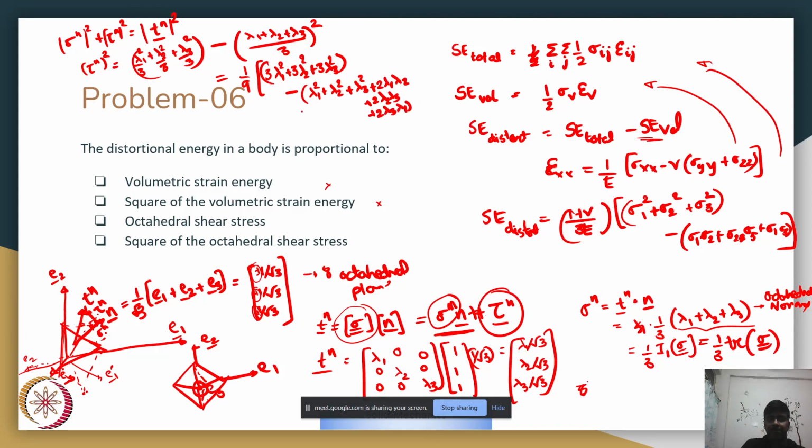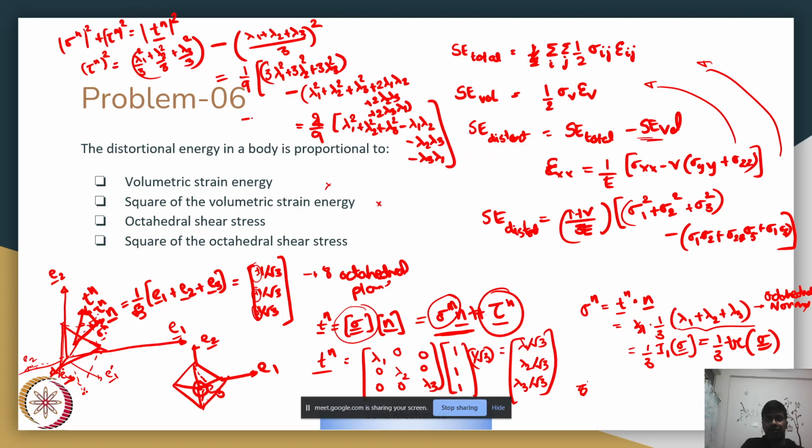Getting all terms together, I have 2 lambda 1 square plus 2 lambda 2 square plus 2 lambda 3 square minus twice lambda 1 lambda 2 minus twice lambda 2 lambda 3 minus twice lambda 3 lambda 1. I'll take the 2 outside for convenience, and I end up with lambda 1 square plus lambda 2 square plus lambda 3 square minus lambda 1 lambda 2 minus lambda 2 lambda 3 minus lambda 3 lambda 1.